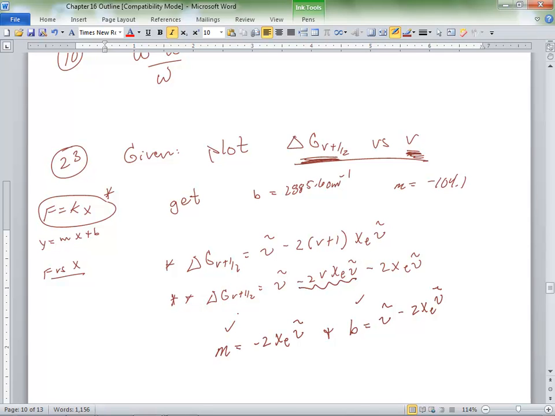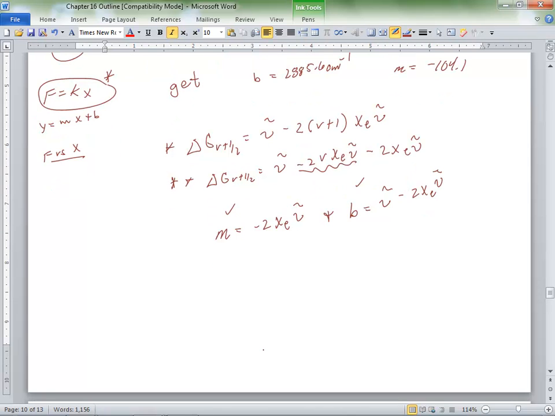So that's 23. They gave us a whole bunch of stuff. Now in 22, it's probably good that we did 23 first, because you can't do the same thing for 22. In 22, they're giving delta G values for 0 to 1 and 0 to 2 and 0 to 3.